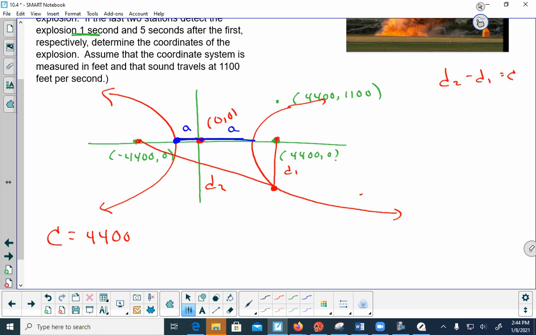Let's say this one is D1, and then from here to here would be D2. So D2 minus D1 is equal to, well, D1 is just A, and D2 is going to be 2A.